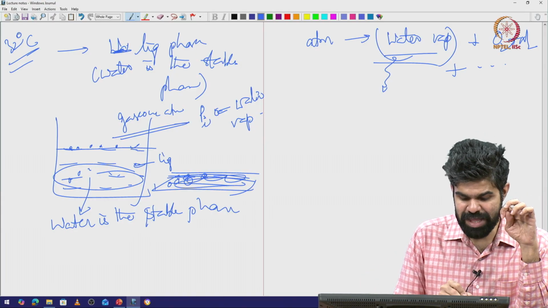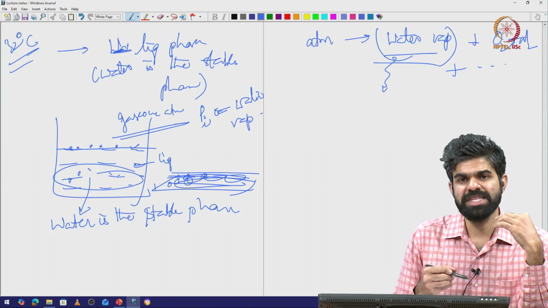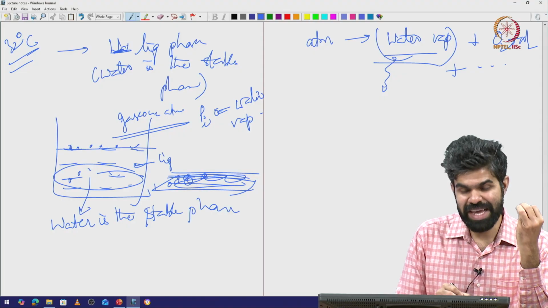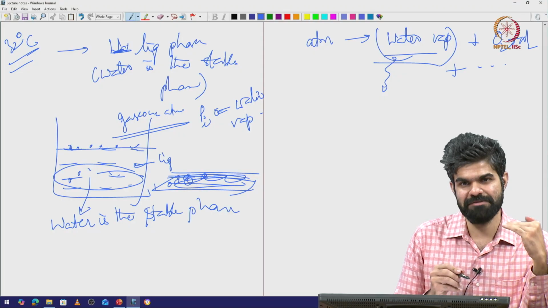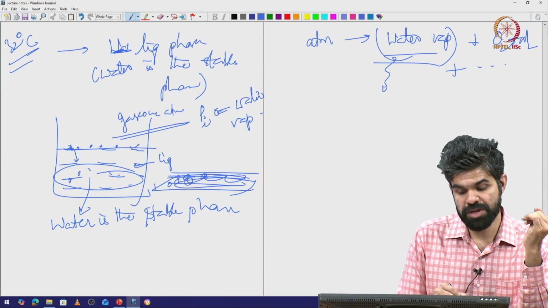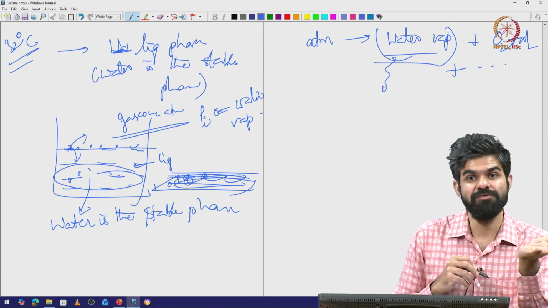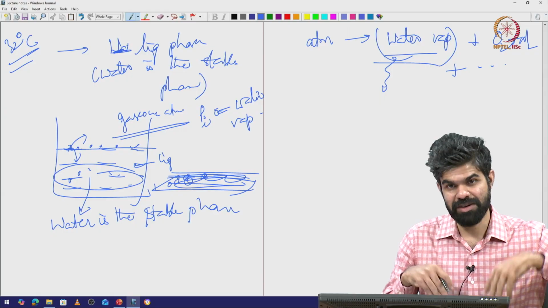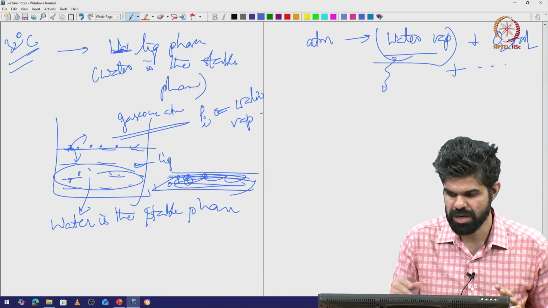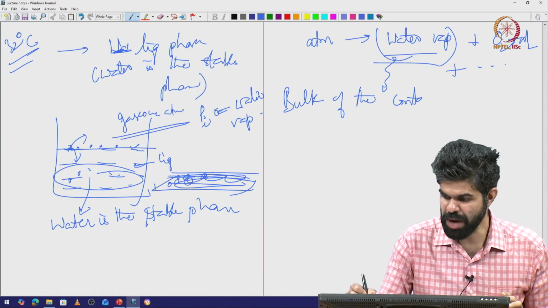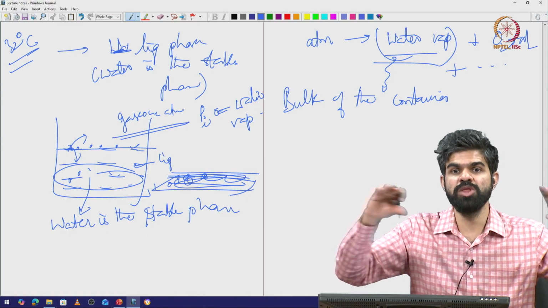So, what does it mean that my surface molecules are free now? By virtue of being at the surface, they can either belong to the water phase or they can belong to the gaseous phase, right. They can be water in the liquid phase, which is the bulk of the container, or the bulk of the film on the cloth, right.